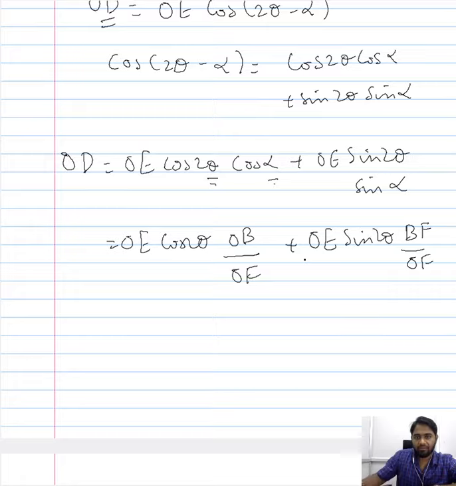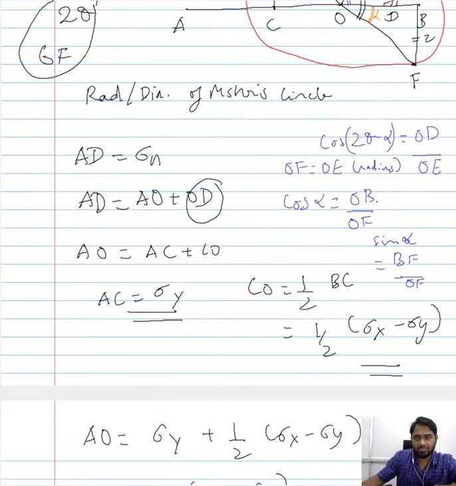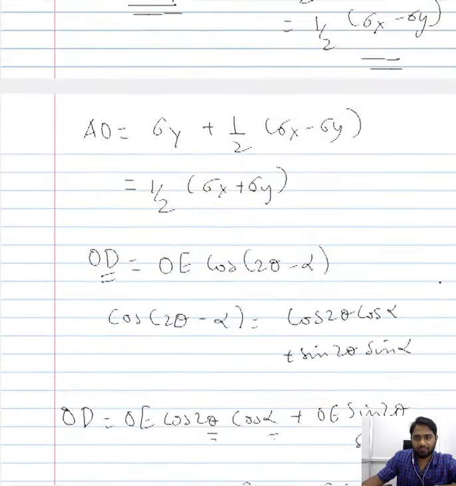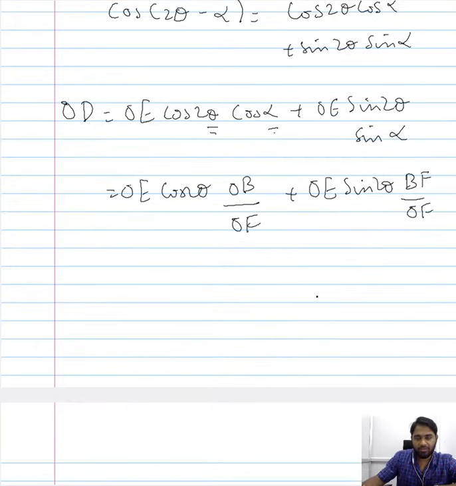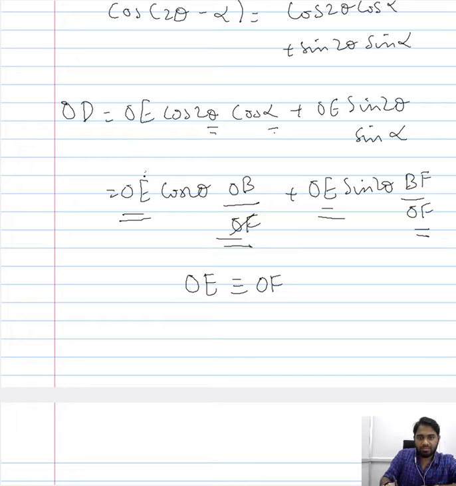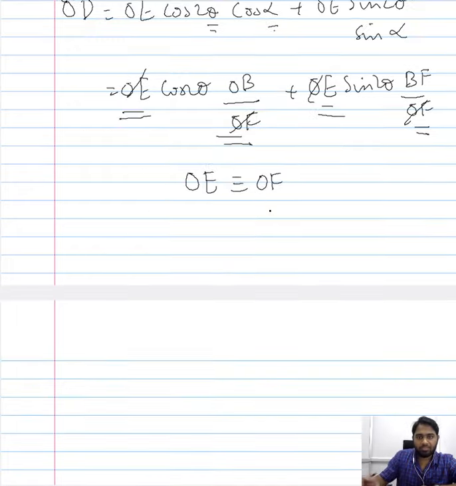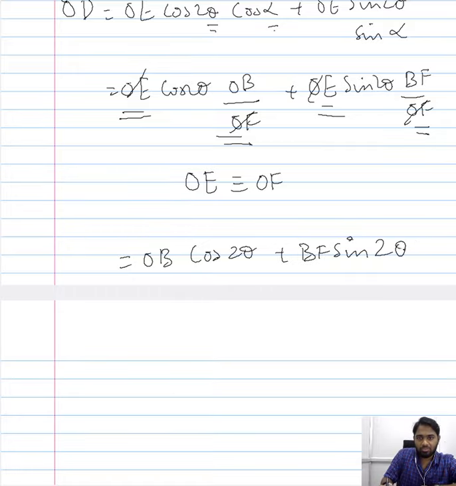All that we have done is substitute cos theta, that is OB by OF, and sin theta, BF by OF. And now since OE and OF both are the radius of the Mohr circle, OE is equivalent to OF, and therefore they get cancelled. Ultimately what you end up with is OB cos 2 theta plus BF sin 2 theta.